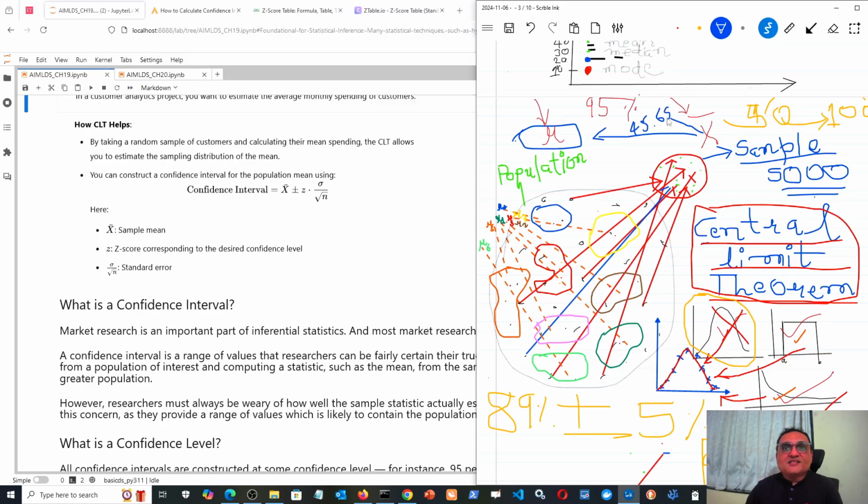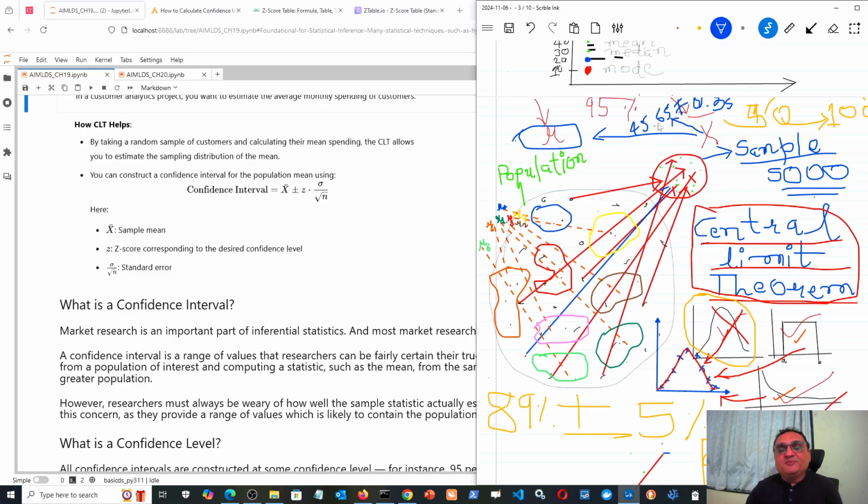The standard error multiplied by z, which is 1.96, that whole thing comes out to be, suppose, plus or minus 0.35.